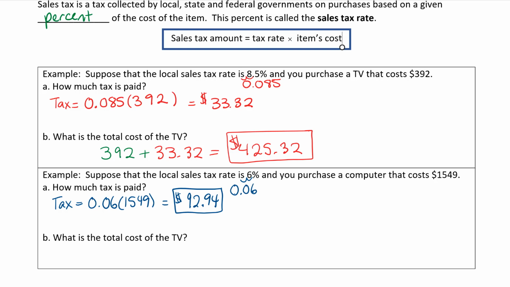So the cost of the computer was $1,549. I'm going to add that to my sales tax, which is $92.94.